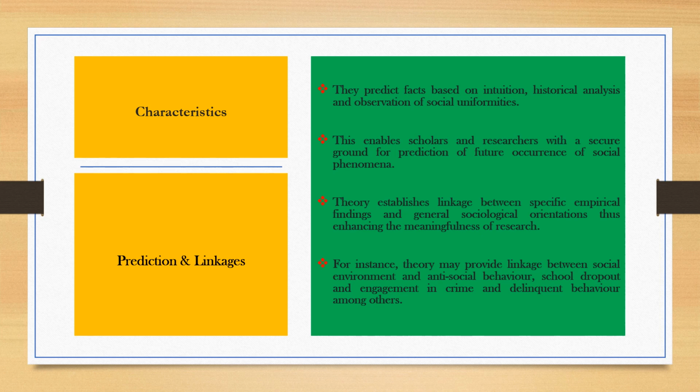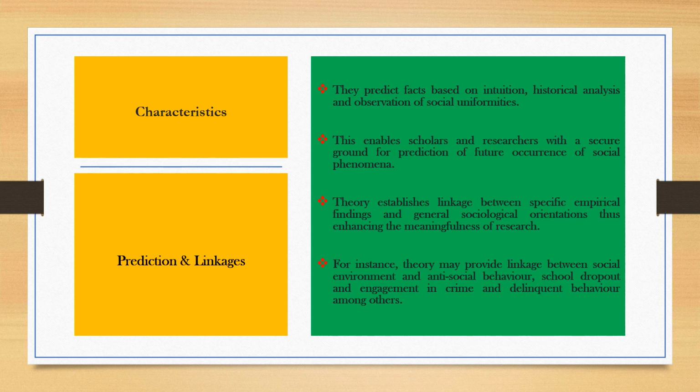And if there is a theory that explained that one of the reasons why crime occurs in society is because of low level of education, assuming that was a proposition, and given that our study shows that the majority of people are not enrolling for school, and therefore we are likely to have a huge population of people that have not gone to school, then it is possible based on that to predict that in future, that particular society is likely to experience higher cases of criminal activities, because the theory says that there is a tendency between not going to school and engaging in crime.